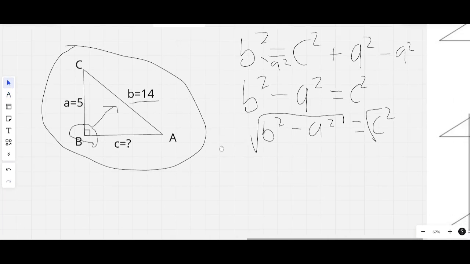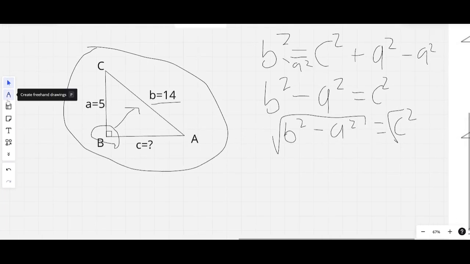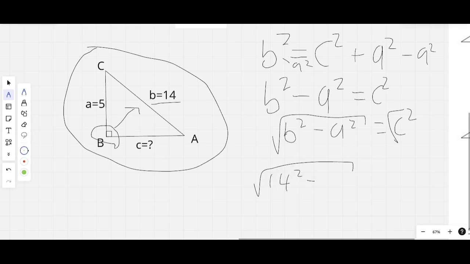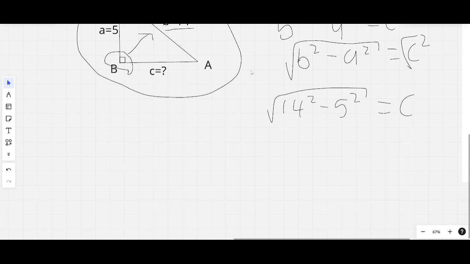B squared minus a squared. Now, let's plug in our variables. B squared, we have 14 squared minus 5 squared gives us c. So you can obviously put all of this into a calculator and then call it a day.